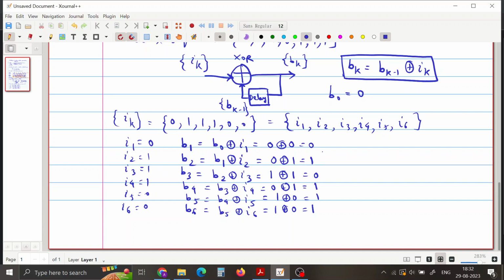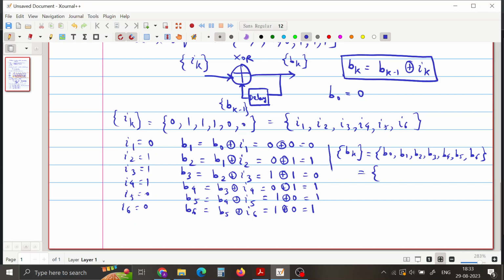So your BK, which is B0, B1, B2, B3, B4, B5, B6, is this sequence.